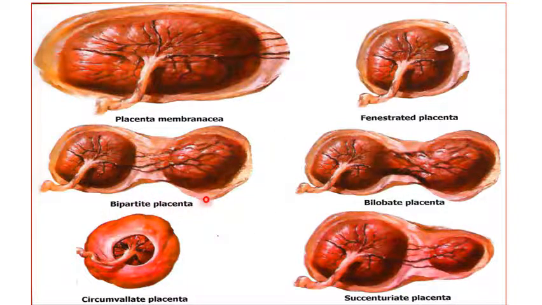Bipartite placenta, two or more lobes connected by membrane, but bilobate, two lobes connected by fetal placental tissue. And here is succenturiate placenta, where the accessory lobe is connected to the placenta by membrane. And circumvallate placenta, with a ring area around the fetal surface. It may be due to calcification.